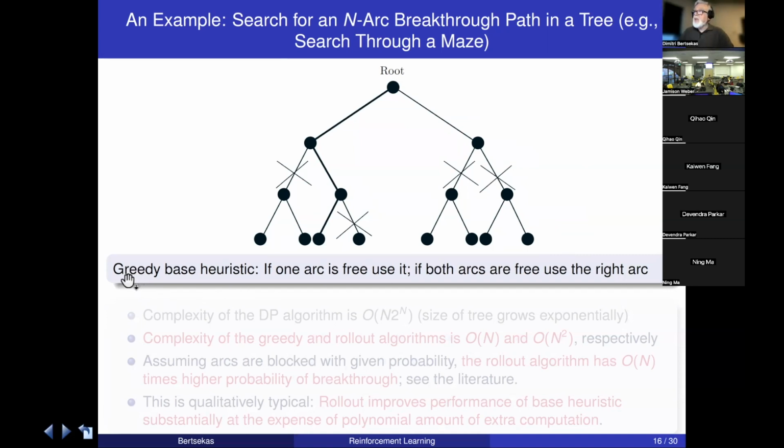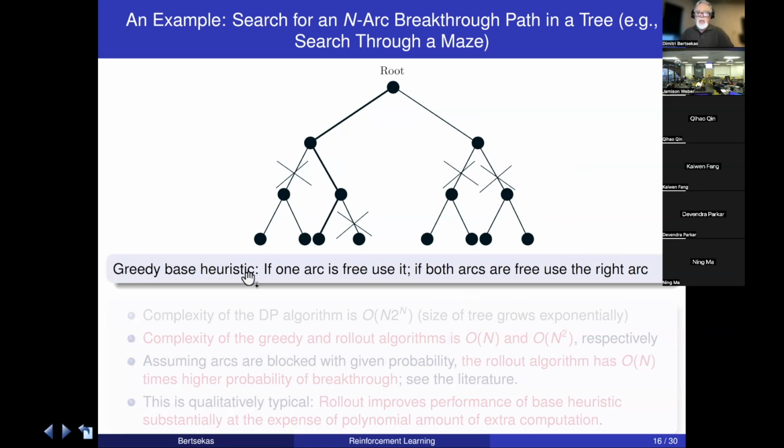So you can consider a base heuristic for this to be a greedy one, and also myopic. Looks only one branch ahead. At a given node, if one outgoing arc is free, then you use it. If both arcs are free, then use the right arc. If both arcs are blocked, okay, you can use any one of them, but you're not going to get a free path this way.